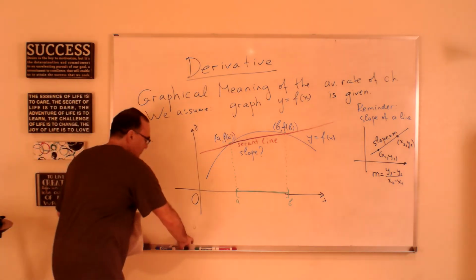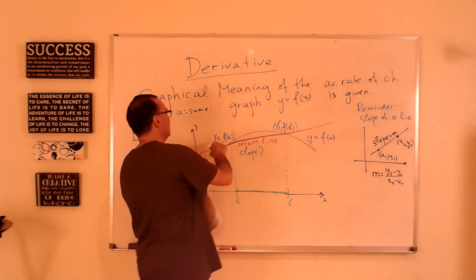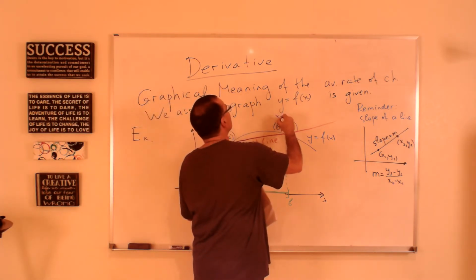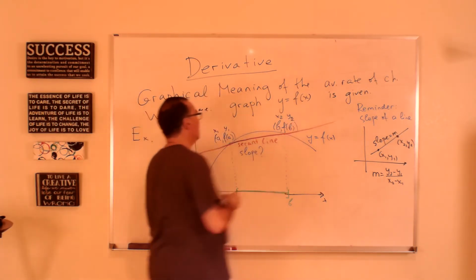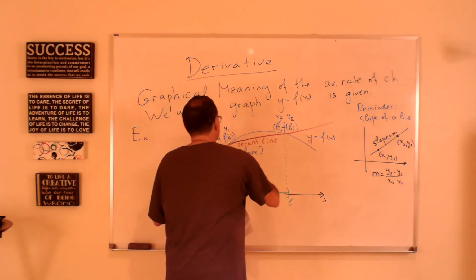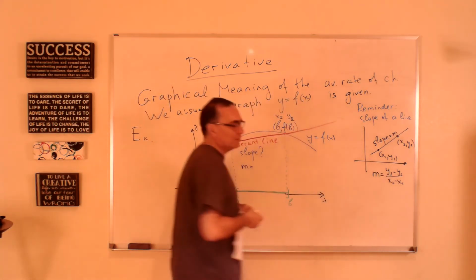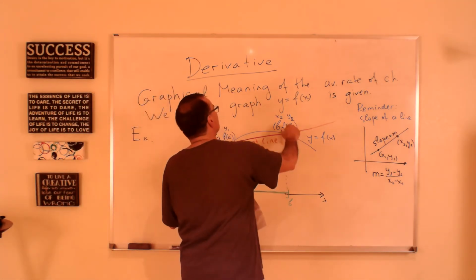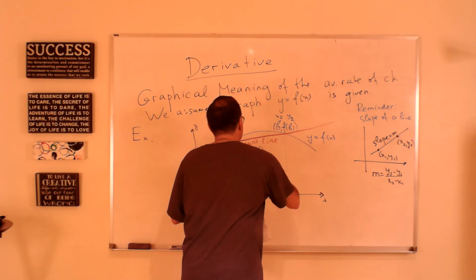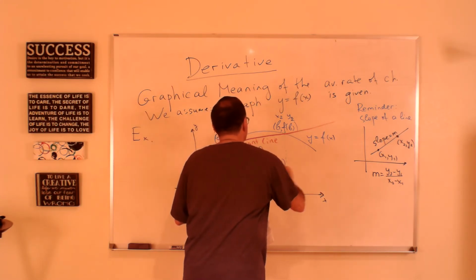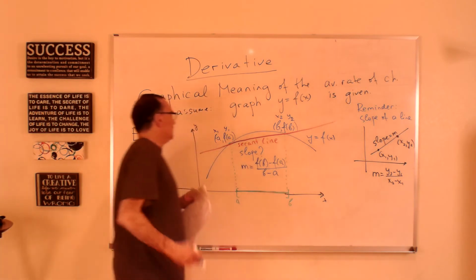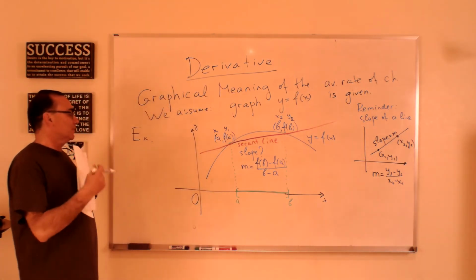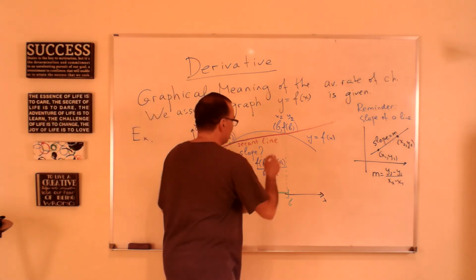But right now I want to apply this formula specifically in this case, when this is my x1, this is my y1, this is my x2, and this is my y2. And so, if I plug everything into the general formula for the slope, this formula becomes f of b minus f of a over b minus a, which is precisely the same formula that was previously introduced as the average rate of change.